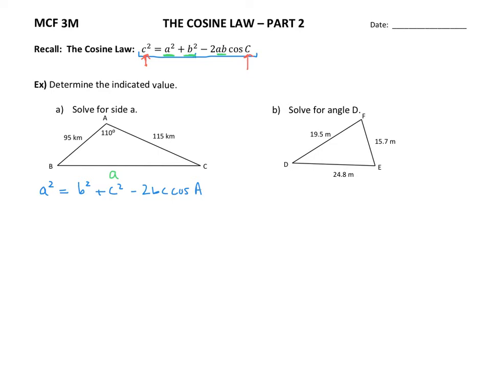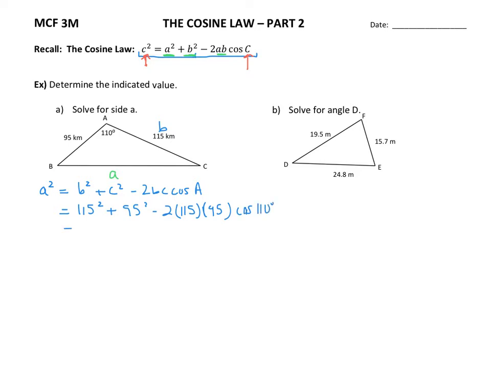And then we'll fill in what we know. We don't know A, but we do know little b's across from angle B, so that's 115 squared plus 95 squared minus 2 times 115 times 95 times the cosine of 110 degrees.